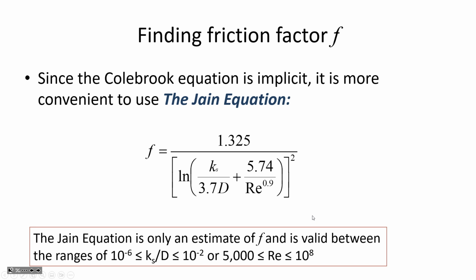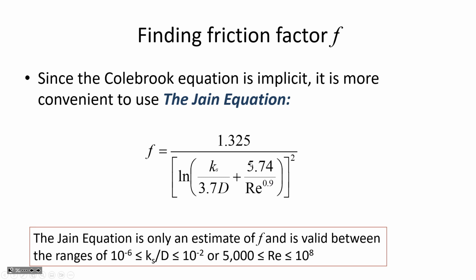And in some ways it looks similar to the Colebrook equation because we have a logarithm. In this case it's natural log instead of the base 10 log that we saw for Colebrook. But there's a logarithm inside of which is a relative roughness term and then a term which is dependent on the flow conditions and the Reynolds number.